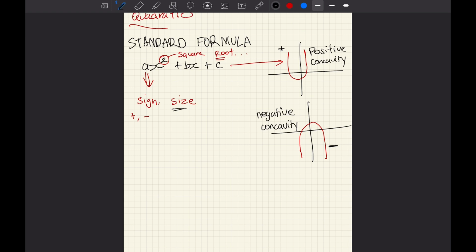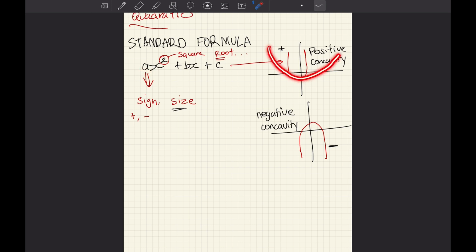So what does the size tell us? The larger the number, the steeper the angle. That is to say, if a is a large number, the curve is going to be much steeper than if a was a smaller number.